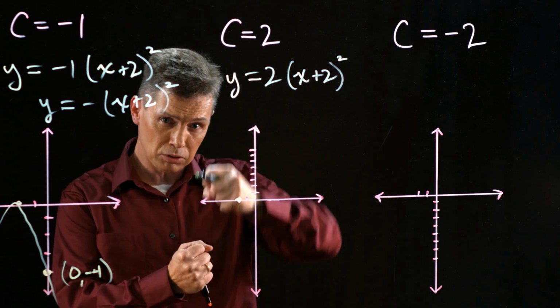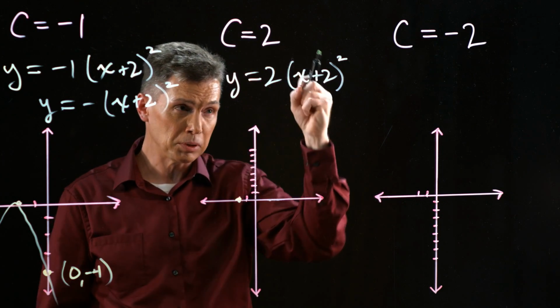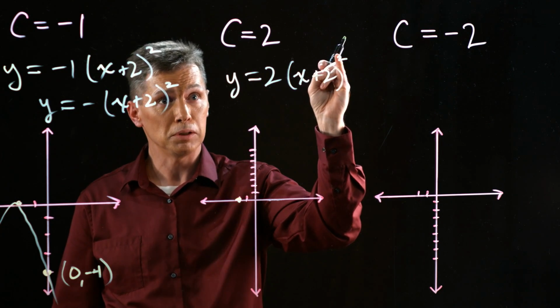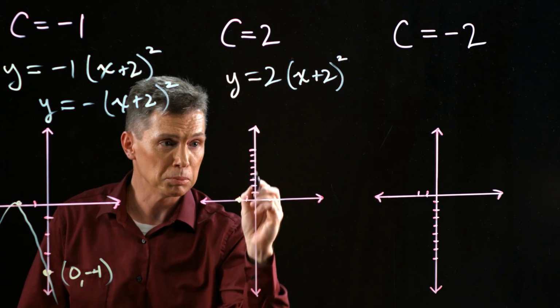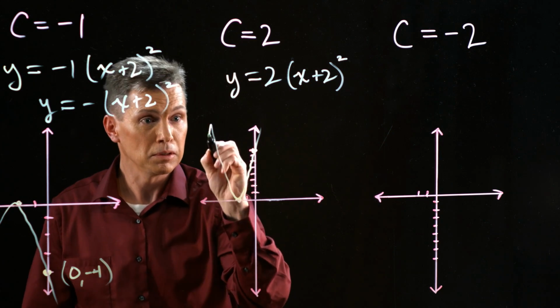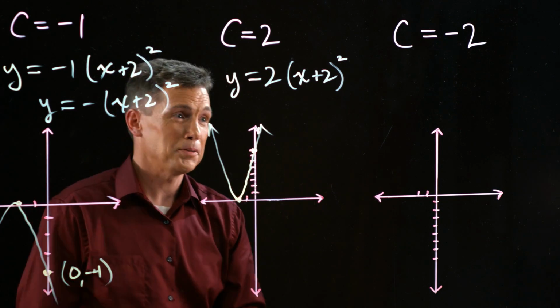So you might remember that that stretches the basic parabola. But I would give myself another reference point by thinking of plugging in a 0 again. 0 plus 2 squared is 4, but multiplied by 2 gets me all the way up to 8. So then I'm trying to draw the parabola like that. Again, pretend that's a nice smooth curve.